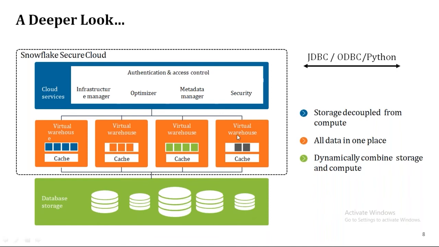Irrespective of the storage, you can increase the virtual warehouse size, and irrespective of the storage, you can decrease the virtual warehouse size also. Both are completely decoupled here. Whereas in Oracle or other traditional databases, they are tightly coupled actually. Okay, this is about the compute layer.